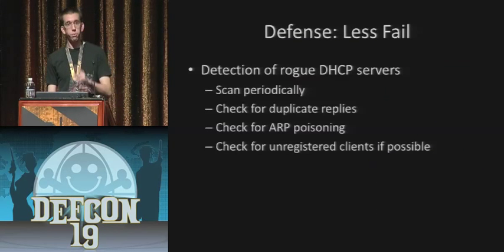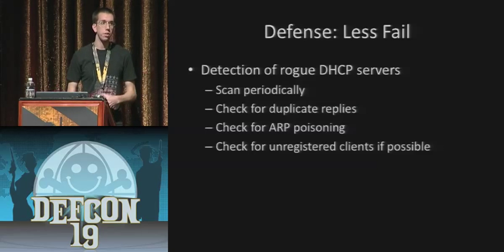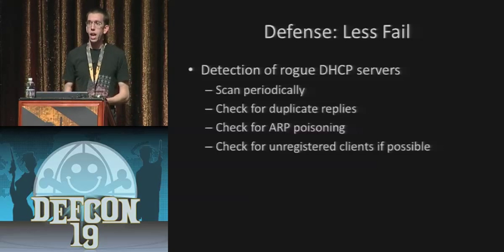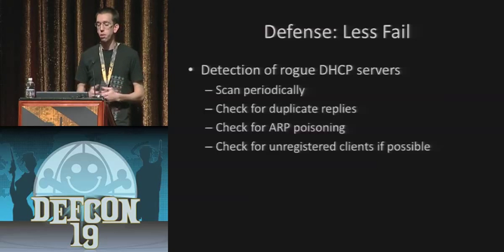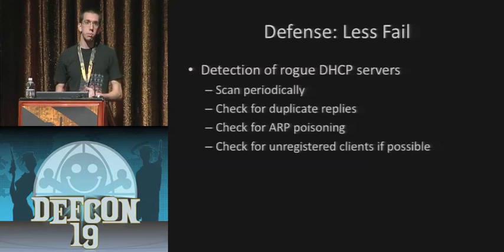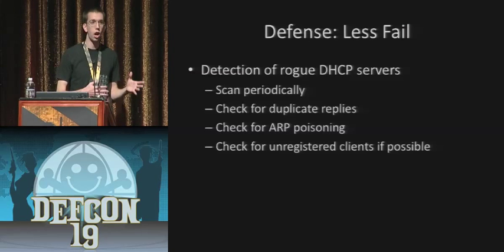Now, you can fail less by at least having something available to detect rogue DHCP servers. You could have software monitoring, scanning for them, or listening for duplicate replies to requests which are sent out. There is a possibility someone could use ARP poisoning to pull off this attack. That would be difficult because you can't ARP poison them beforehand.